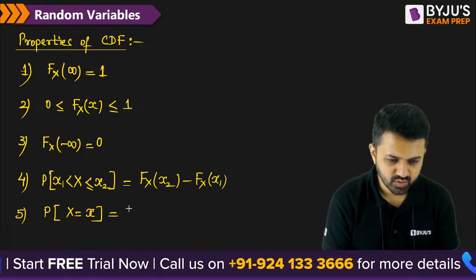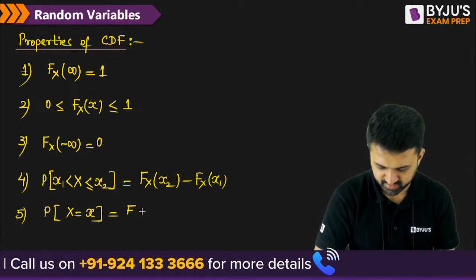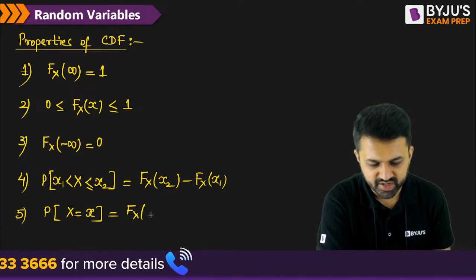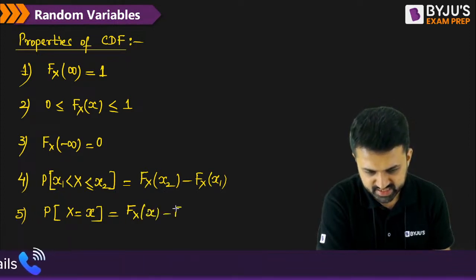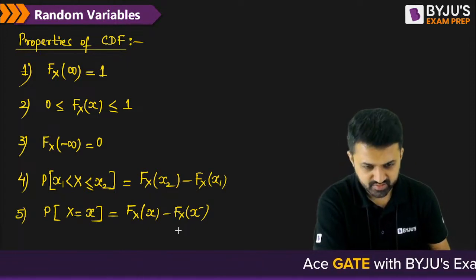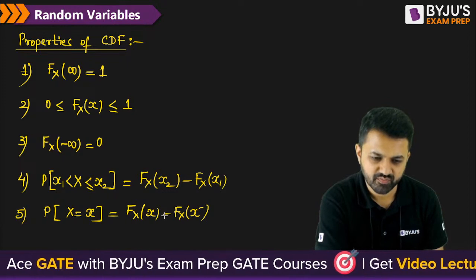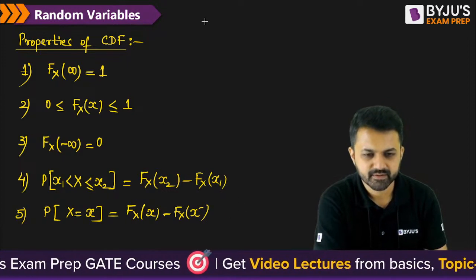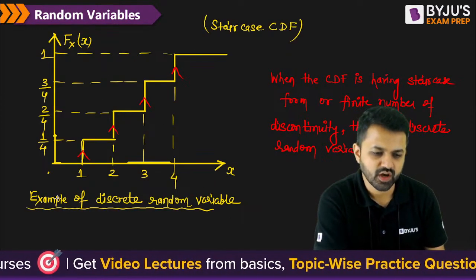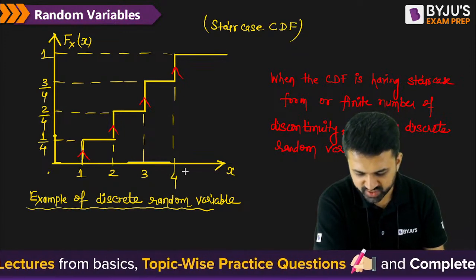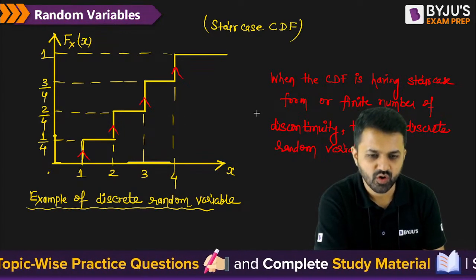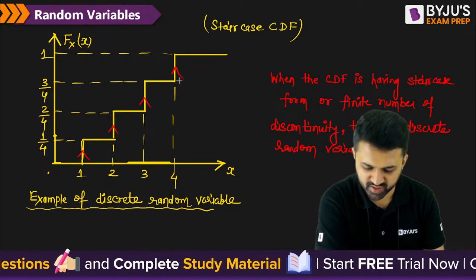Yes. So no, actually, Vikram, it is not like this. It is Fx(x) minus Fx(x minus). You are saying Fx and Fx of minus infinity. No, Fx(x) and Fx(x minus).